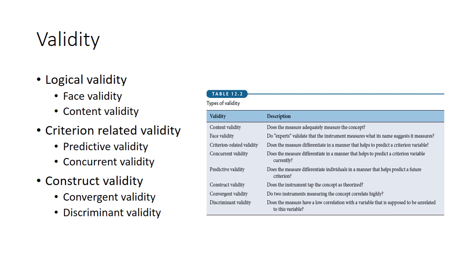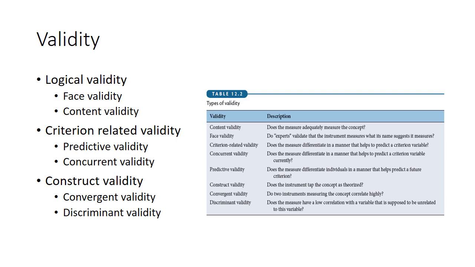And secondly, discriminant is a word derived from discrimination. So you see, discrimination means to distinguish or to differentiate. Does the measure have a low correlation with a variable that is supposed to be unrelated to this variable?